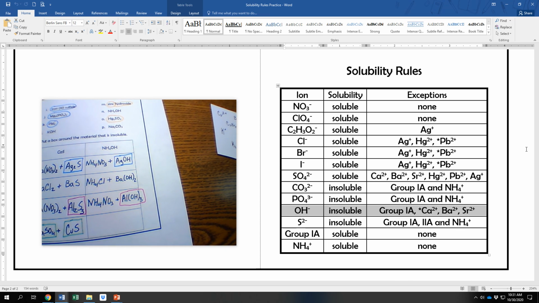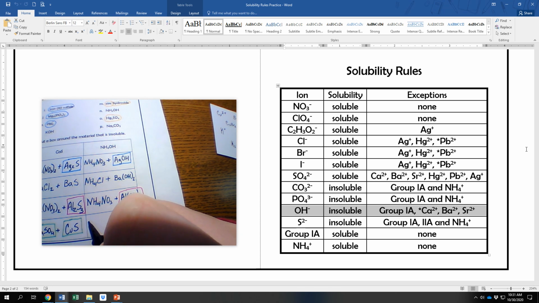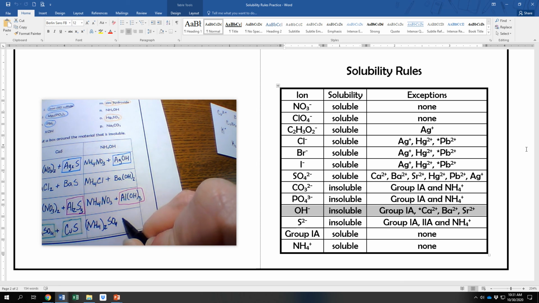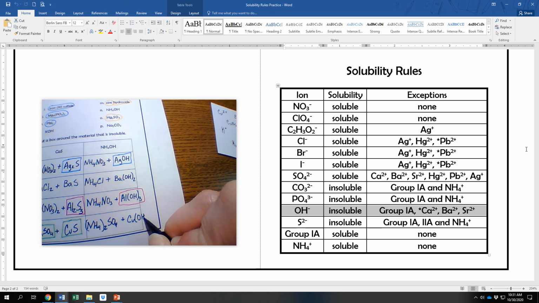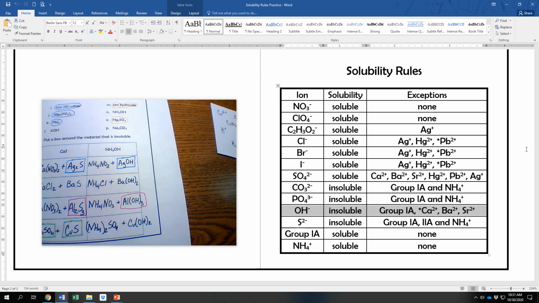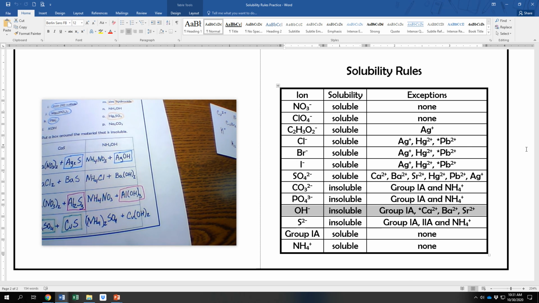And then our last one, copper sulfate and ammonium hydroxide. So we end up with ammonium sulfate and copper hydroxide. So we know anything attached to ammonium will dissolve.